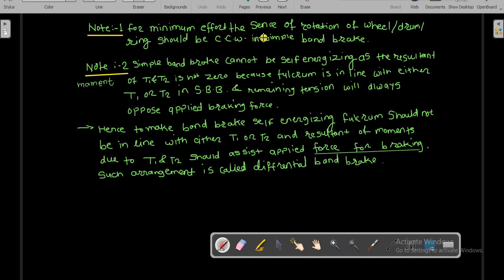For minimum effort, the sense of rotation of wheel, drum or ring should be counterclockwise in simple band brake.